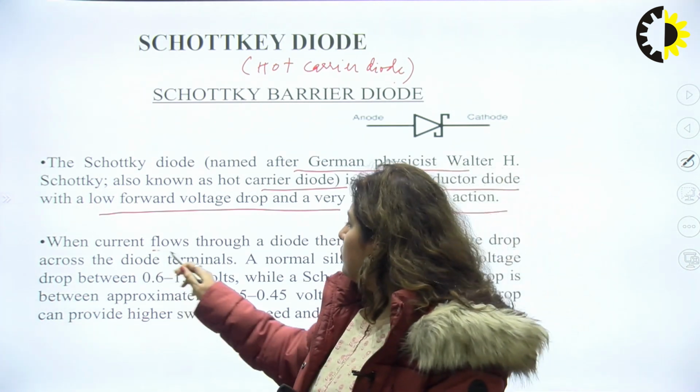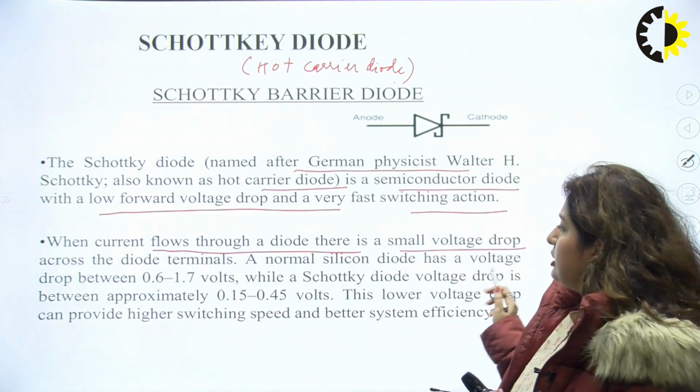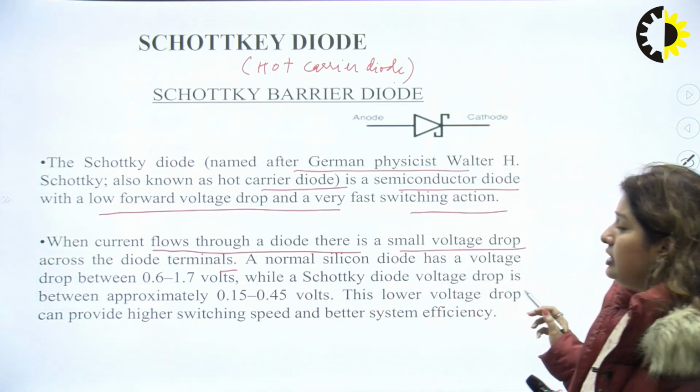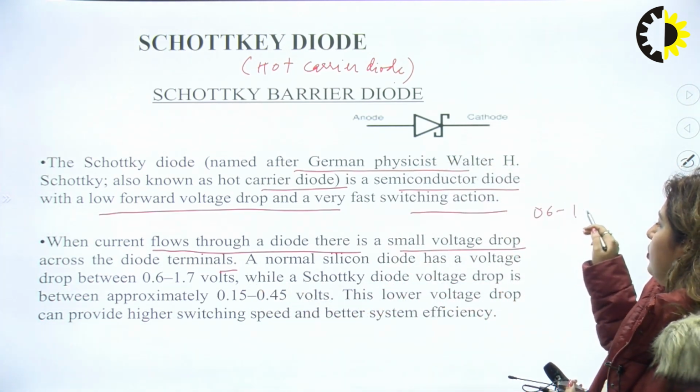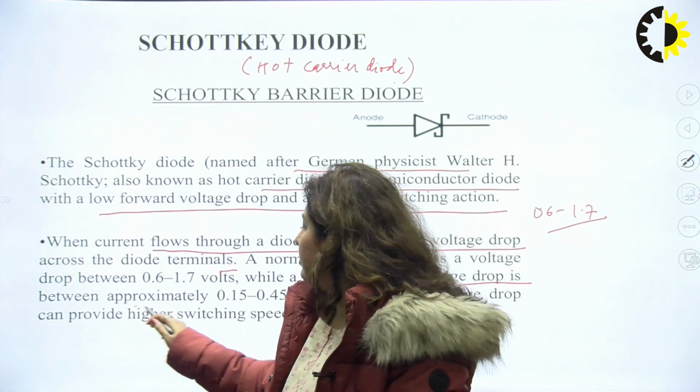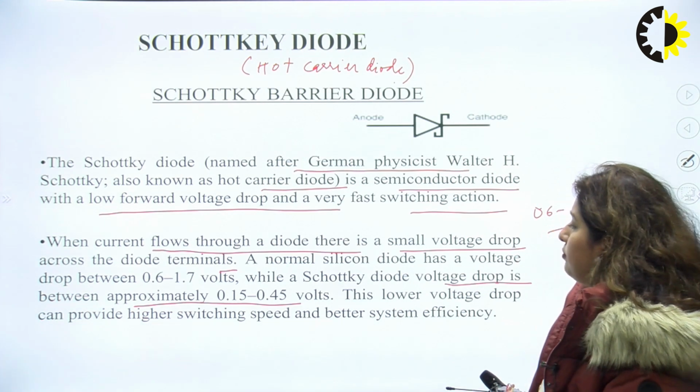When current flows through a diode, there is a small voltage drop across the diode terminals. A normal silicon diode has a voltage drop around 0.6 to 1.7 volts, while a Schottky diode voltage drop is approximately between 0.15 to 0.45 volts.